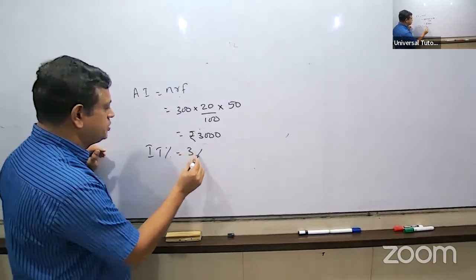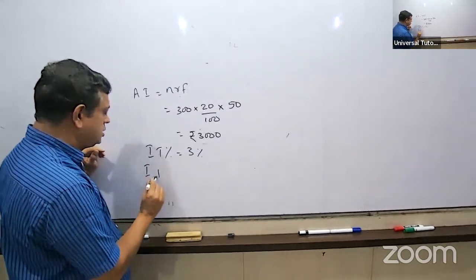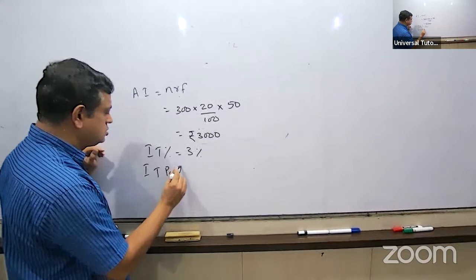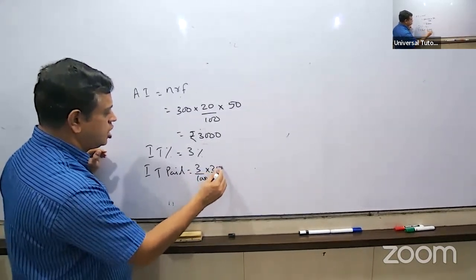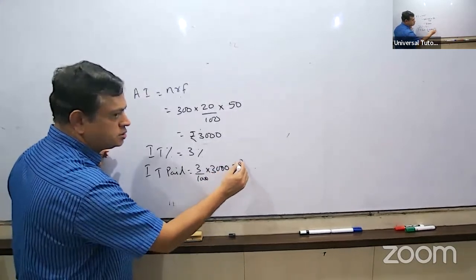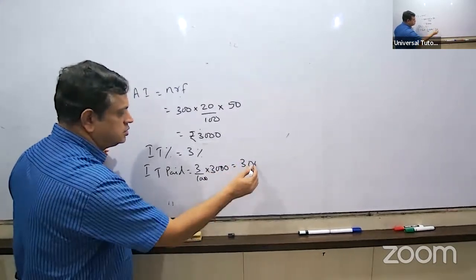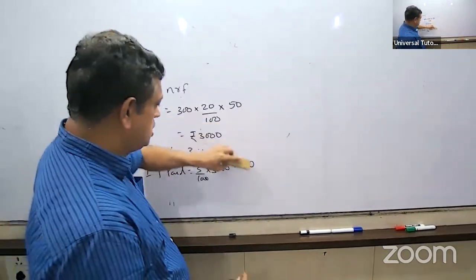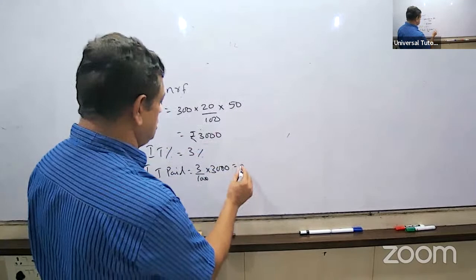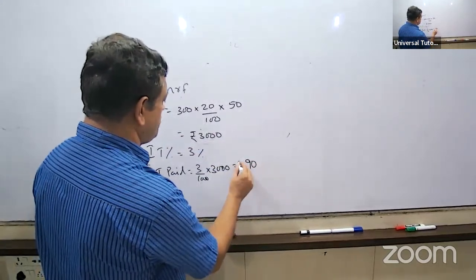Next. Income tax percentage is equal to 3%. Therefore, income tax paid is equal to 3 by 100 into 3000. It's 3%, that is equal to how much? 30 into 3, 90 rupees.